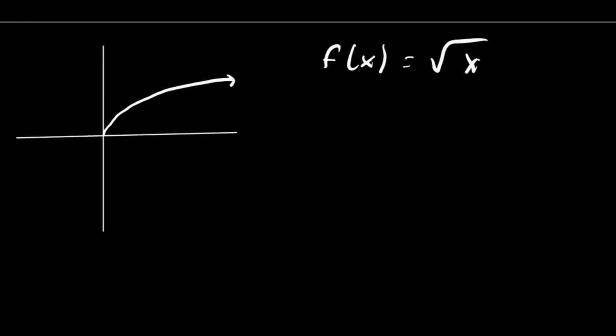So we've got, let's see, f of x equals root x. And we're going to do it from, we'll go back to 0 and to 4.